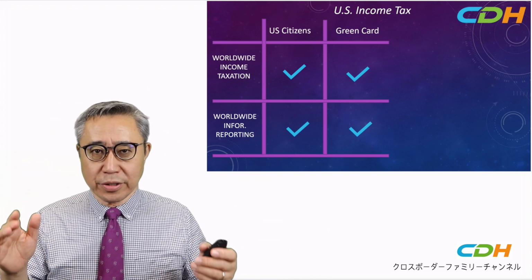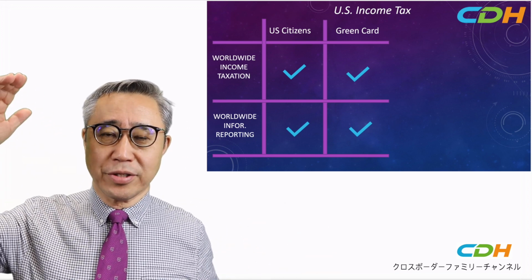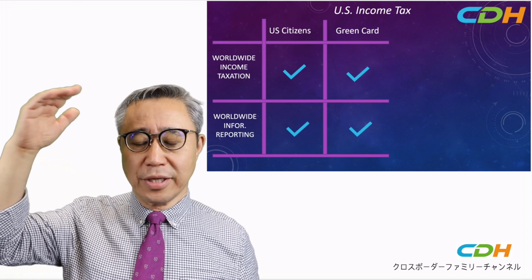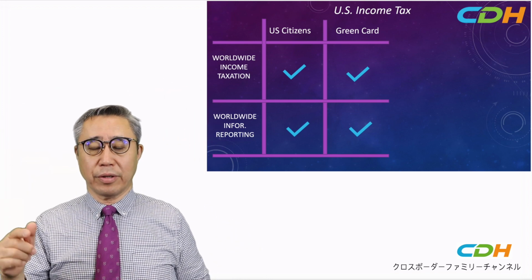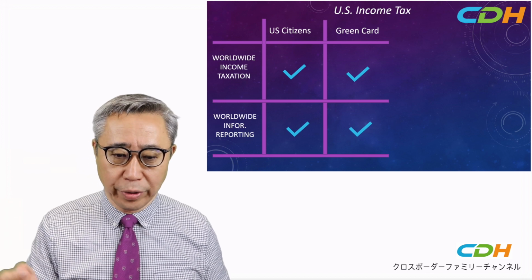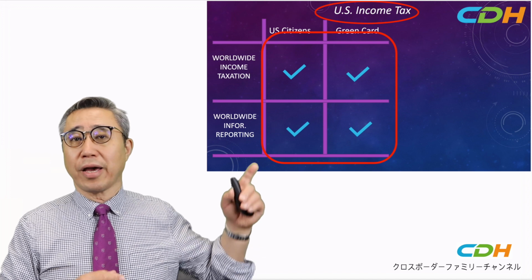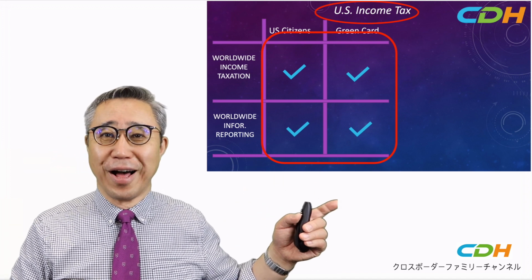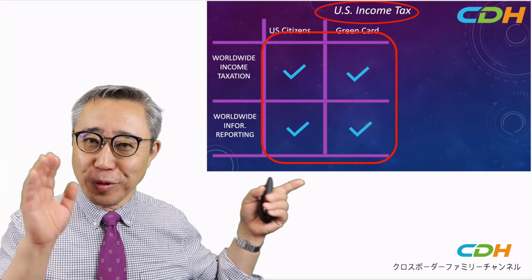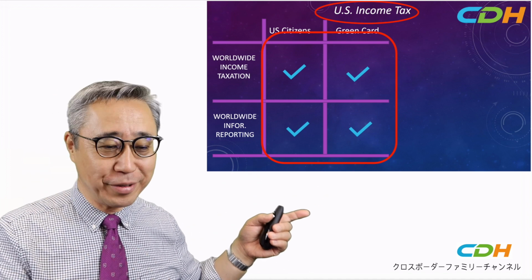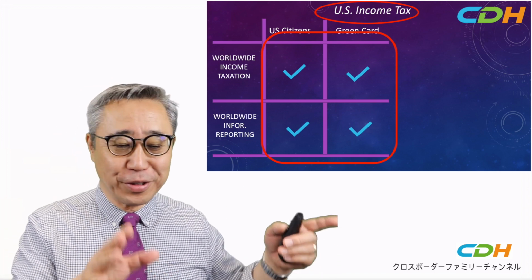So let's list, not the comprehensive, complete listing, but let's list some of the major items that you must report. Okay? I highlighted using a red circle because I'm talking about the US income tax in this slide. And see, there are no differences here.